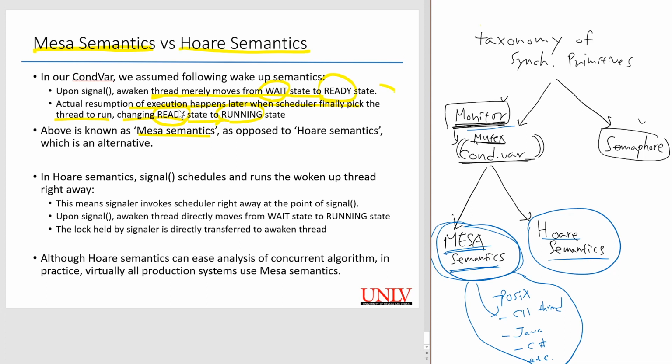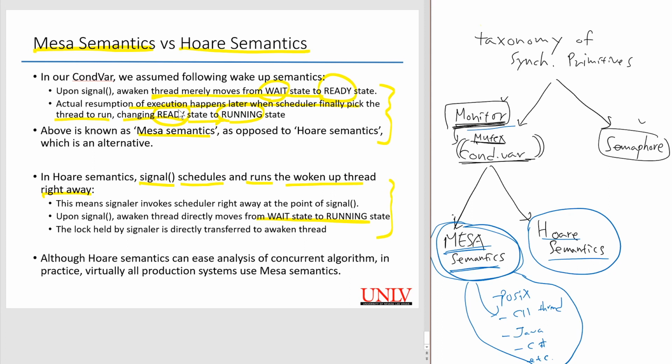And this was the Mesa semantics. Hoare semantics, the signal is different. Signal actually schedules and executes the woken up thread right away. So there is no transition from wait to ready. It makes transition from wait to running state. So this is a different behavior, different semantics.